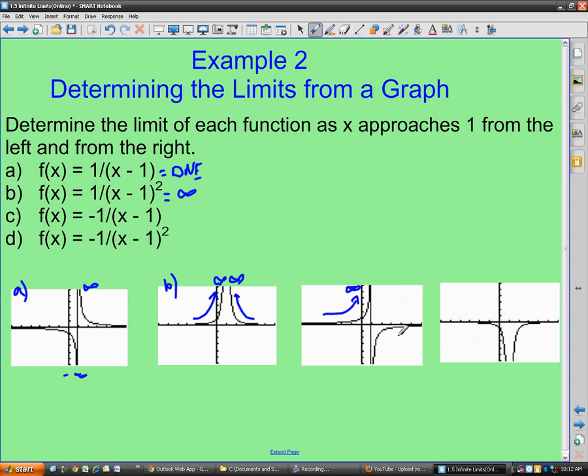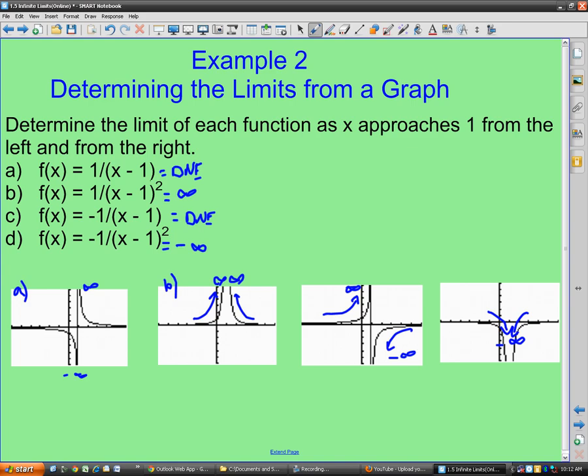From the positives, we're going to negative infinity, so this one does not exist. And then this guy right here, they're both falling down the page. This is what I was just talking about, both going to negative infinity. Since they're both going to the same spot, we can call it negative infinity instead of a number. But that's basically what we're talking about.